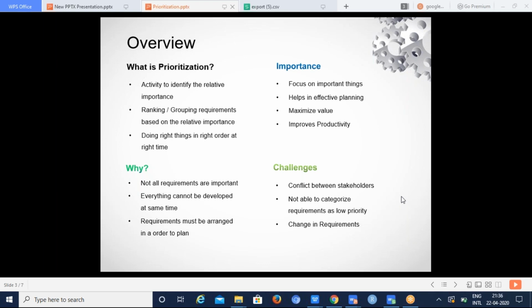At that point of time, we'll also be blocked from proceeding with the development. So we have several factors and elements with which we'll be able to overcome these challenges, prioritize a task, and maximize our values using prioritization.